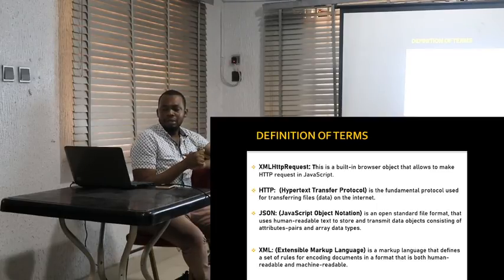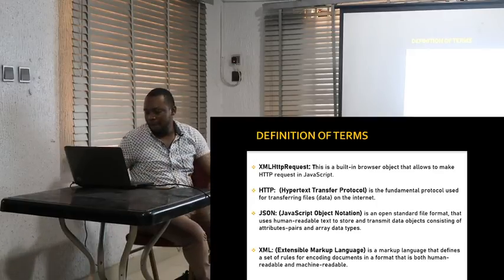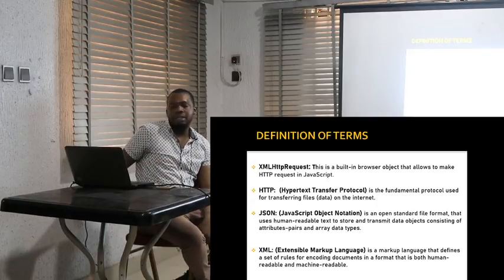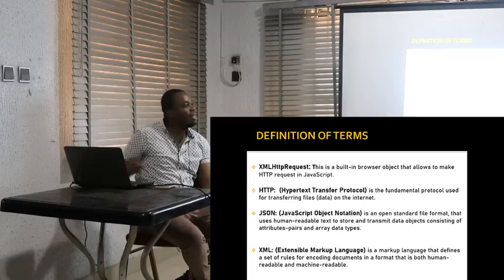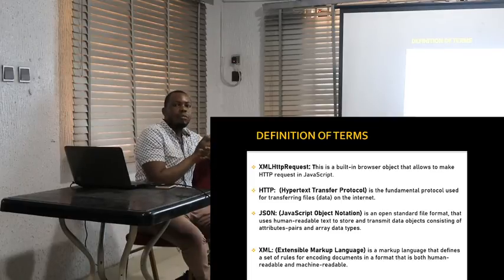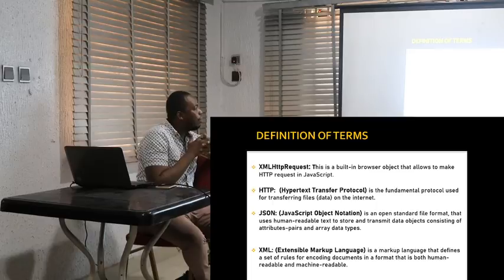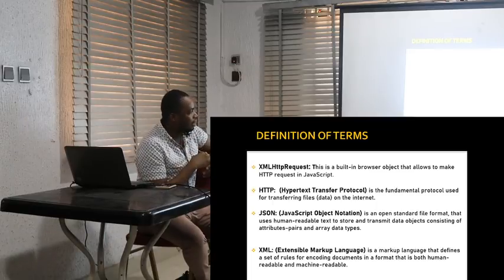As a human, you will understand what the person is trying to do in JSON format. We also have XML, a markup language that defines how your website will look, whether you have your footer, your header, and everything. It is both human readable and machine readable.